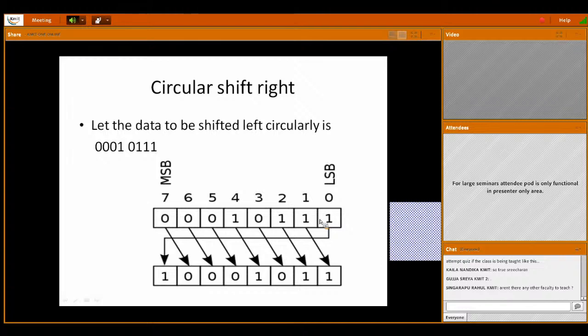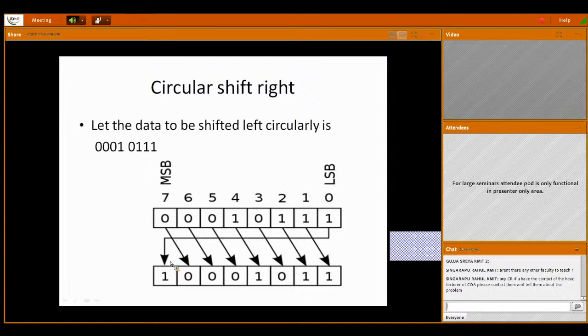When you shift this, you are left with one LSB position which is not shifted. So you shift this LSB to the MSB place. In logical shift, you simply discard this LSB position and a serial input of 0 is transferred to the MSB position.